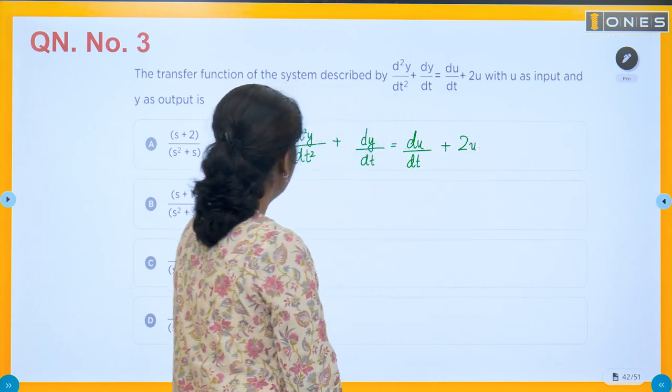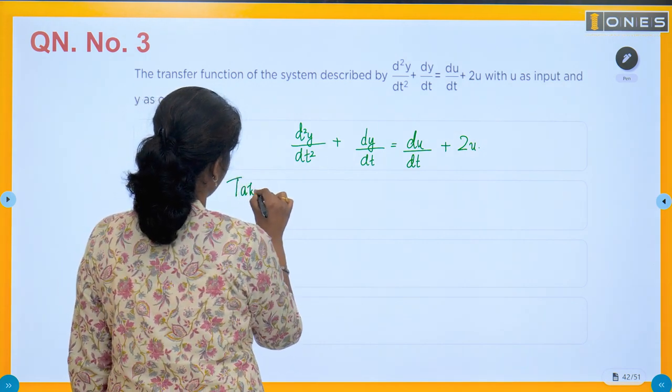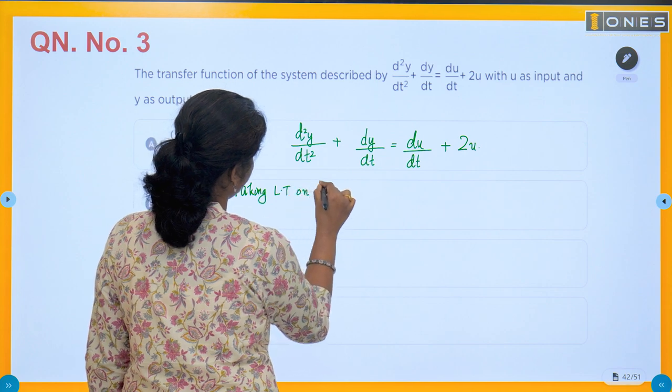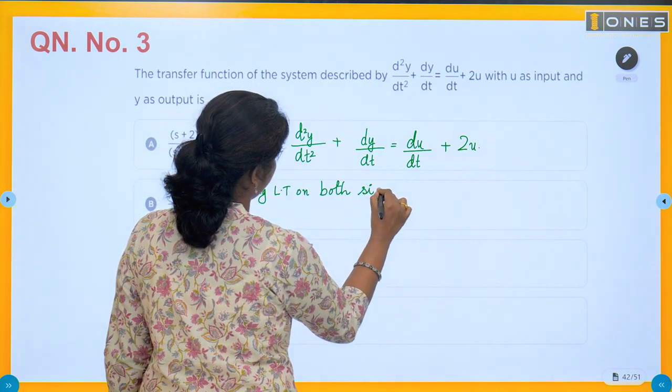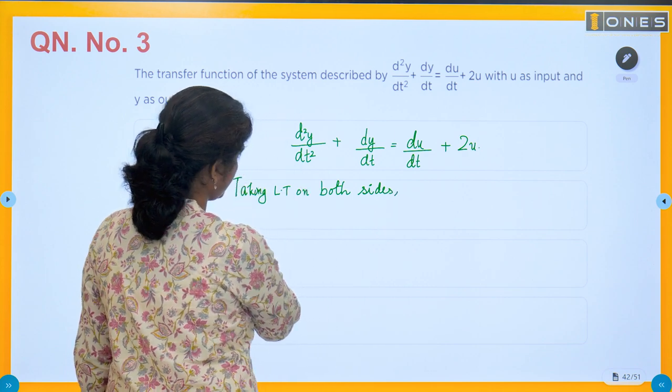Okay. So then, taking Laplace transform on both sides, what we have? Initial conditions assume as 0.